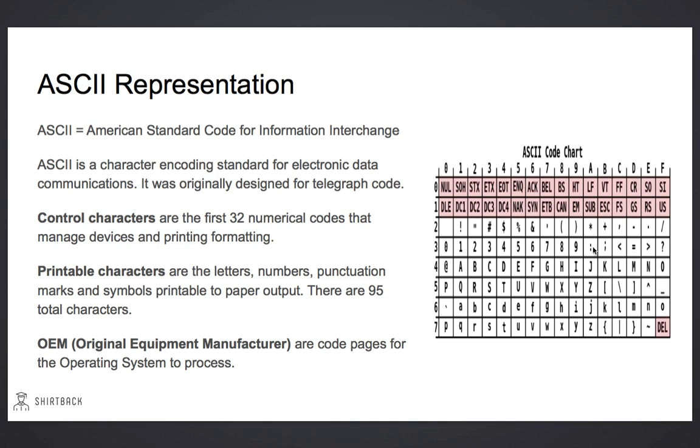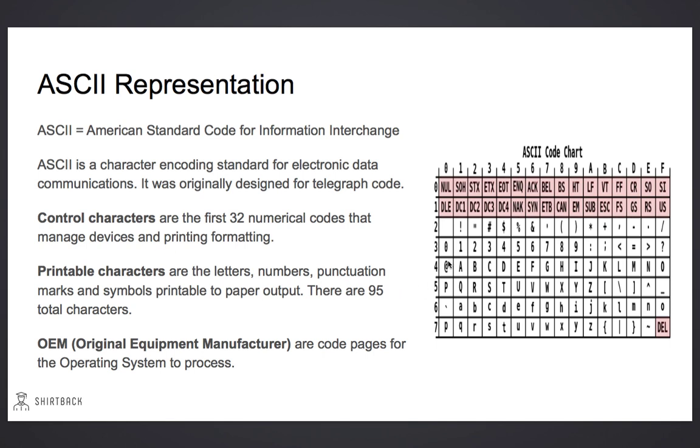There are 127 different character types within the ASCII standard. The first 32 are what are called control characters. Control characters are the numerical codes that manage devices and printing formats.